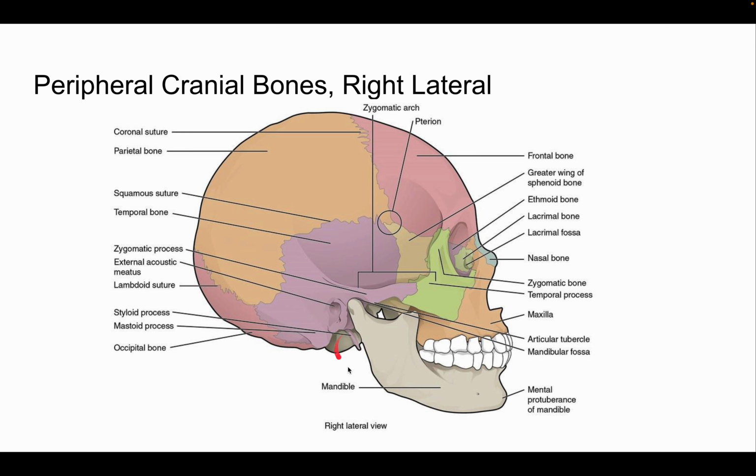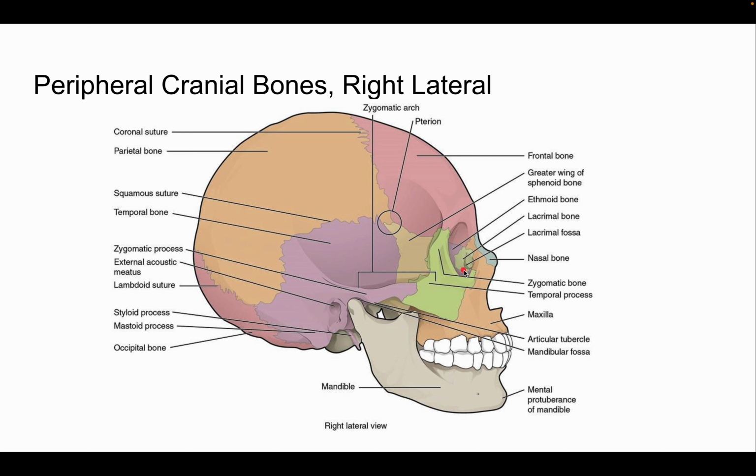It's an extension of the temporal bone. And we already talked about the zygomatic and temporal process. Now, there are a lot more processes in the skull and the body, but these are the main ones on the outside, external view.